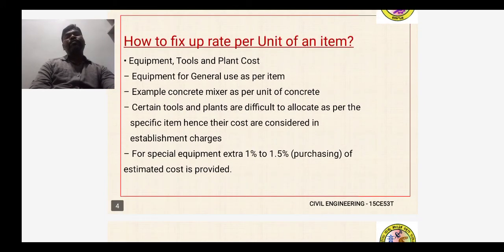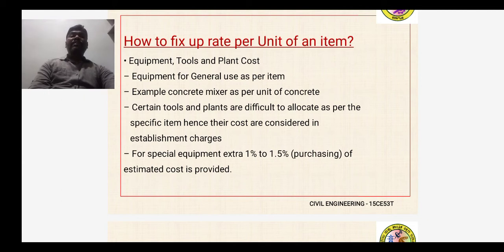How to fix up rate per unit of an item: equipment, tools and plants, and also materials, labors, etc. The main thing is material; we fix the present rate in the market. The second one is labor. Labor rate is normally daily wages.